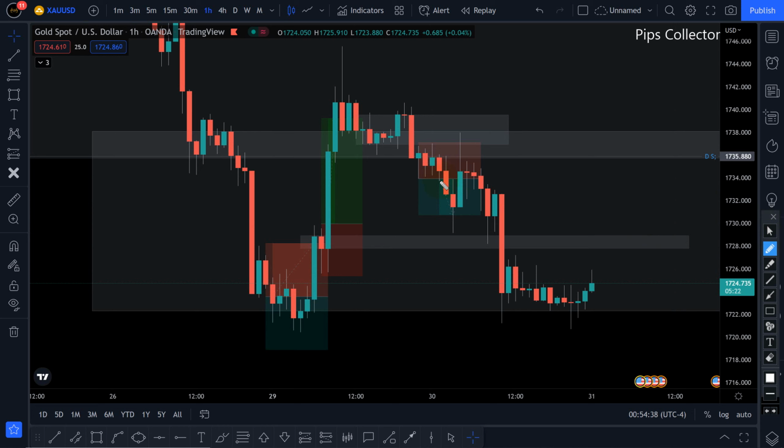For instance, look at yesterday. This sell was one win, this buy one loss, this sell one win, which will be two wins plus one loss, equal to one win plus commission.